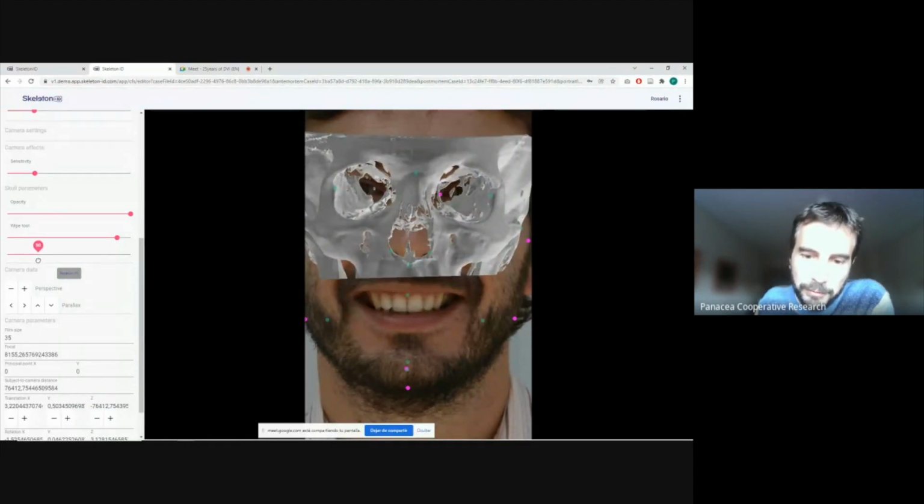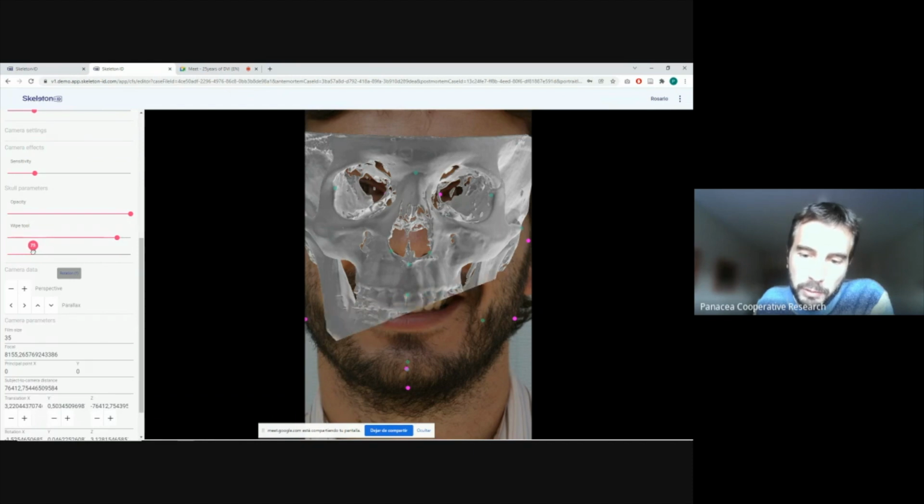This is my photograph, and this is my skull acquired by a CBCT scan. Once you perform the superimposition, you can see how they perfectly match. So we think this is a really useful tool for odontologists.